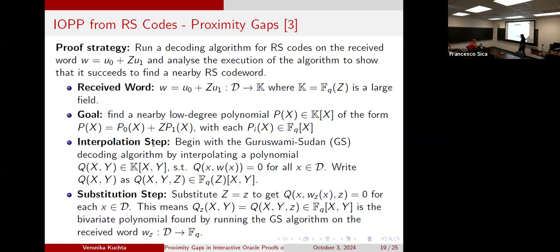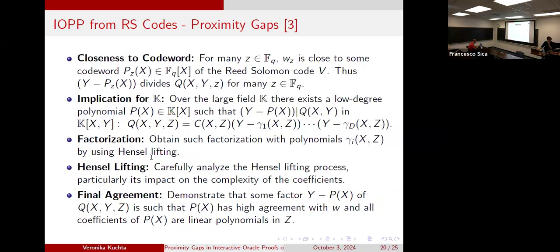So the next step would be the interpolation step, where we interpolate a polynomial Q(X, Y) such that Q evaluated at X, and where Y is the received word W(X), is equal to 0. And then there is a substitution step. There are several steps involved, as I said, and the proof is pretty involved, over 15 to 20 pages.